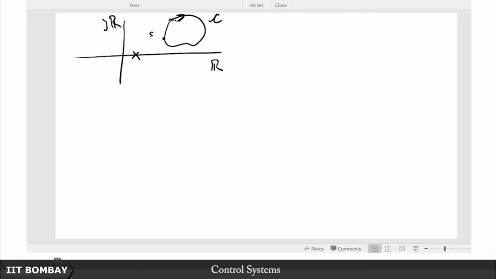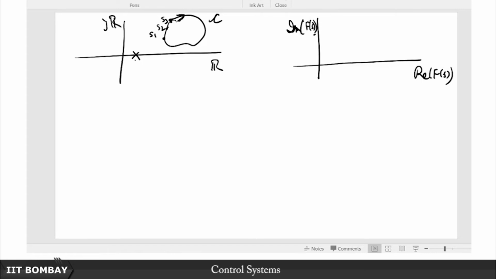So choose this as S1, this as S2, somewhat like this as S3. So these are our 3 points. So then I wonder what this corresponding mapping in the Fs plane is going to look like.